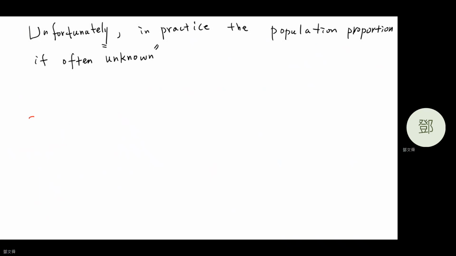Right? It is often unknown. Now, we derive the confidence interval for population proportion. Okay?